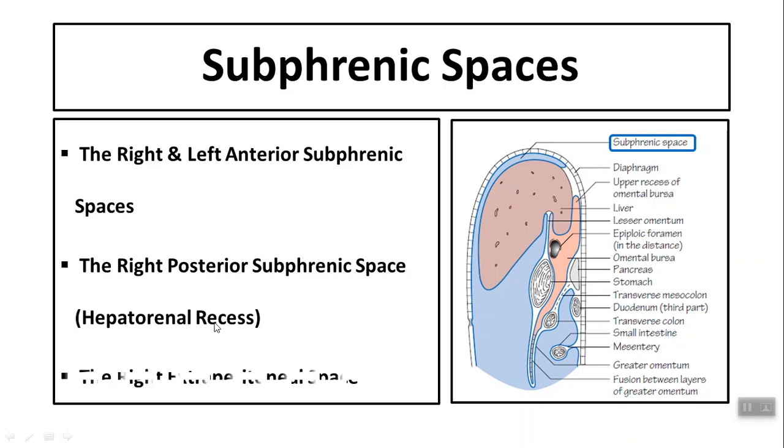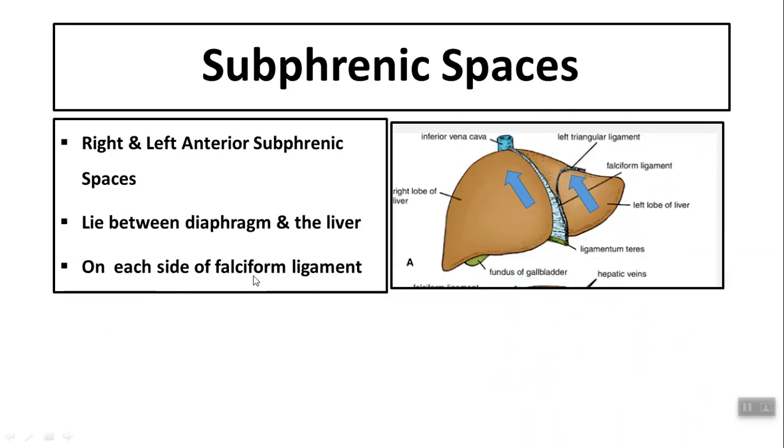Hepatorenal recess. Also, as we said before, we have the right extraperitoneal space that lies in between the bare area of the liver and the diaphragm. We call it extraperitoneal because it is devoid of peritoneum. These are the right and left anterior subphrenic spaces, situated in between the diaphragm above and the liver below.